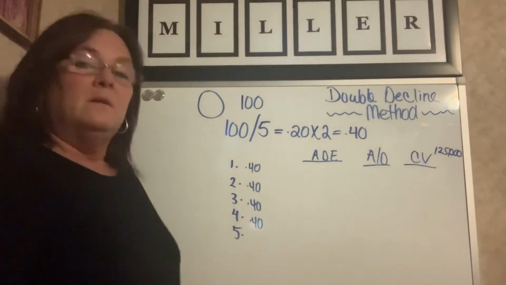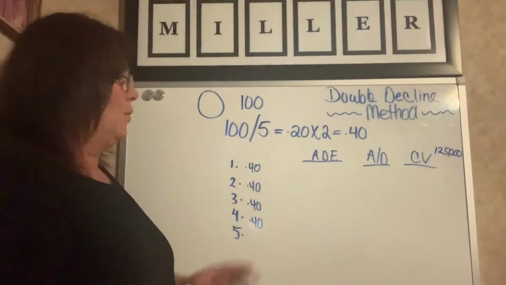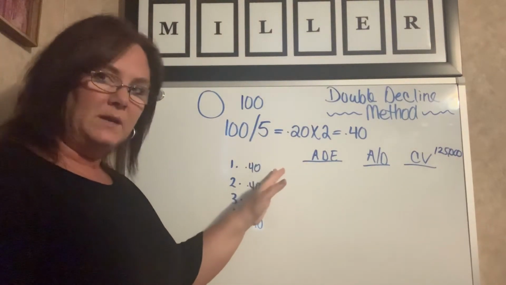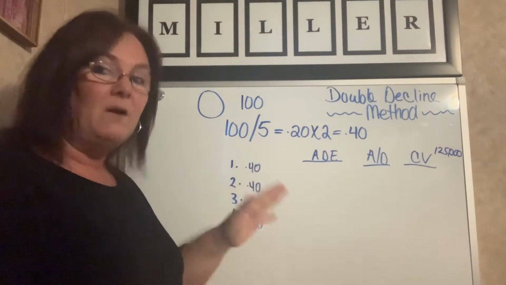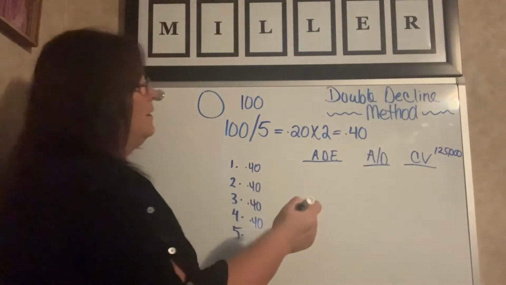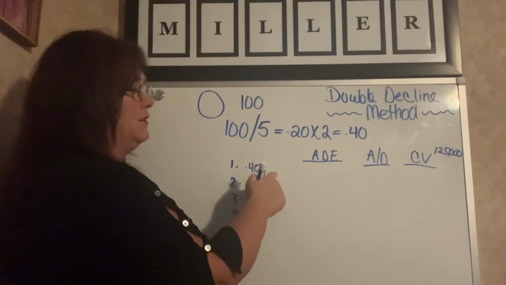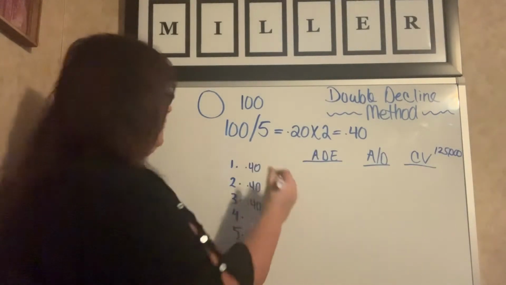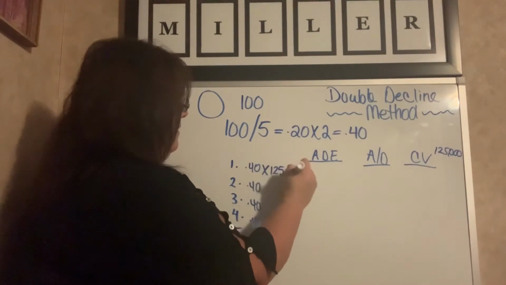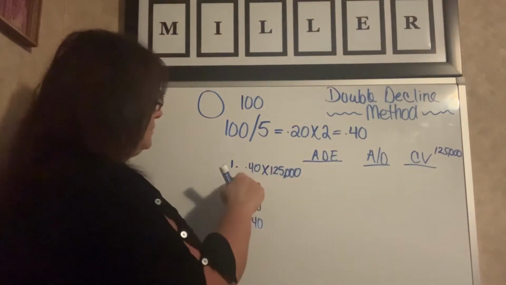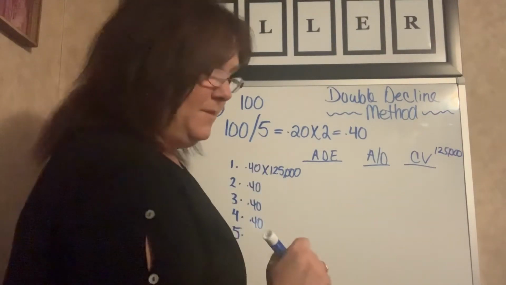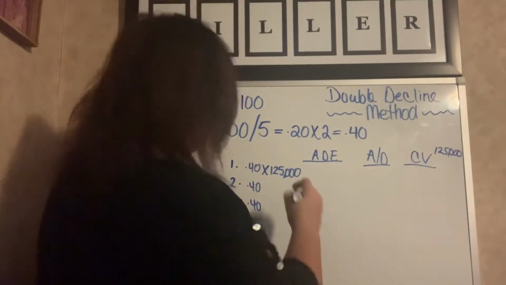All this says is that you multiply this 0.40, the decline rate, by the current carrying value. In year 1, the current value is the $125,000, because that's what we purchased it for. So you multiply 0.40 times 125,000.